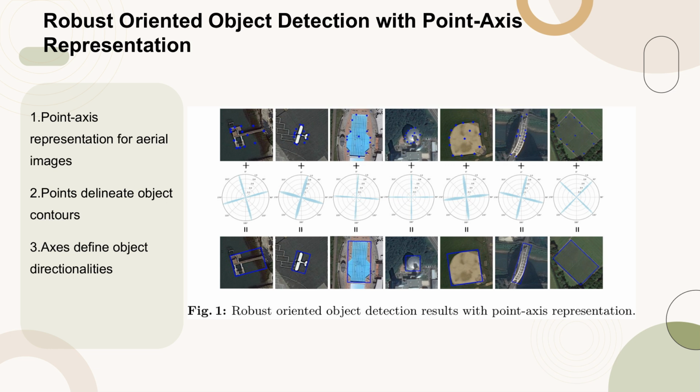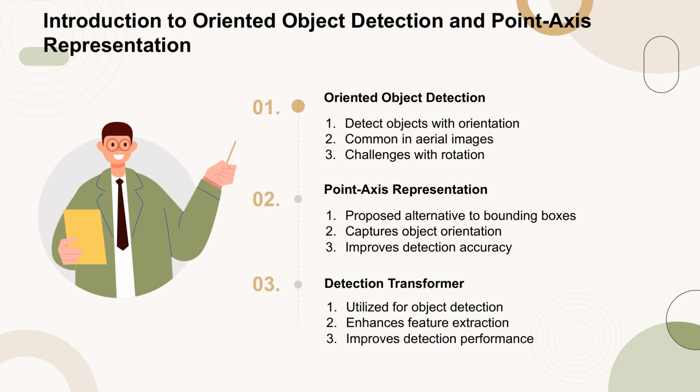The point axis representation is integral to the oriented DETR model, which integrates the DETR framework for precise point axis prediction and end-to-end detection. Experimental results have demonstrated significant performance improvements in oriented object detection tasks. Oriented object detection is a critical task, particularly in aerial images where objects are often not aligned with the image axis.